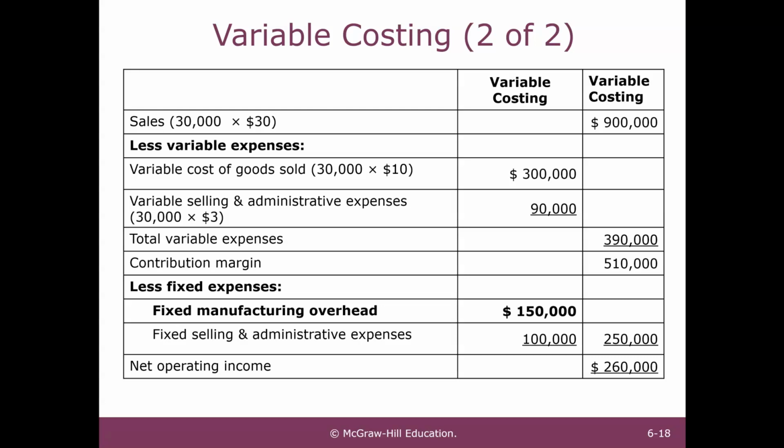We get net operating income of $260,000. Now this $260,000 net operating income is including that $30,000 that was sitting in inventory last year that is now expensed out this year. So the net income under variable costing is going to be $30,000 more.